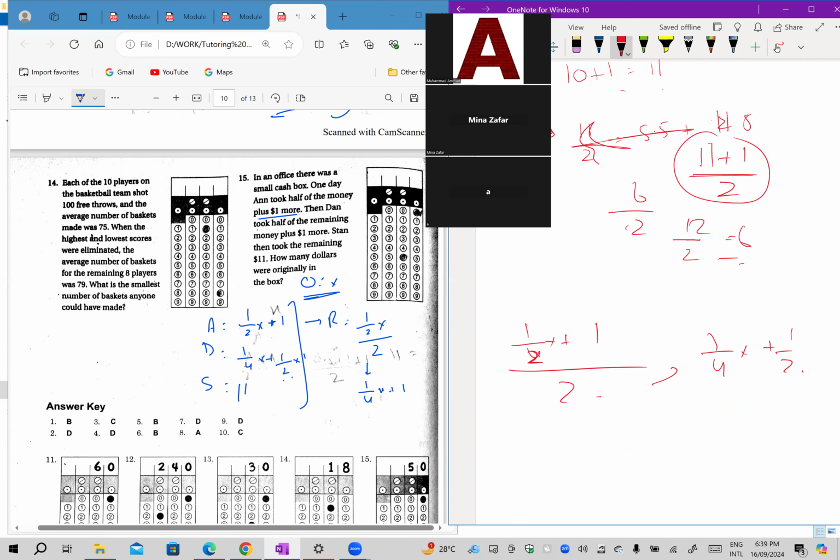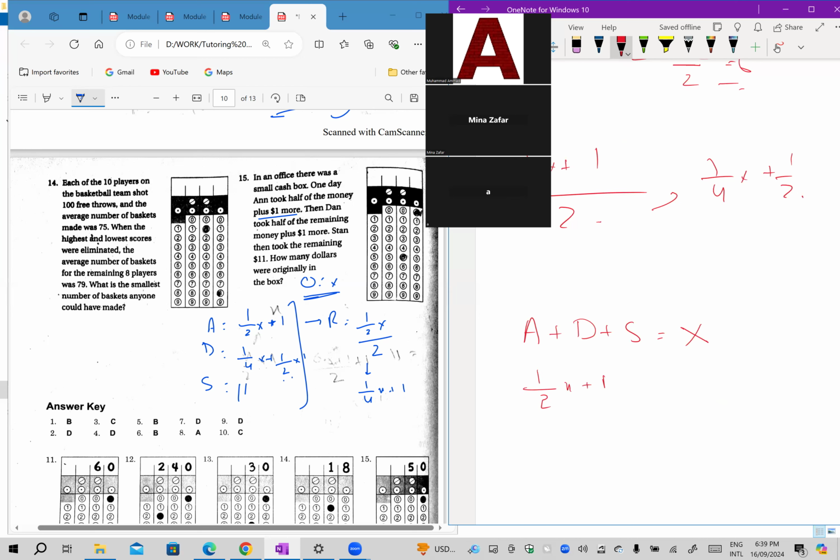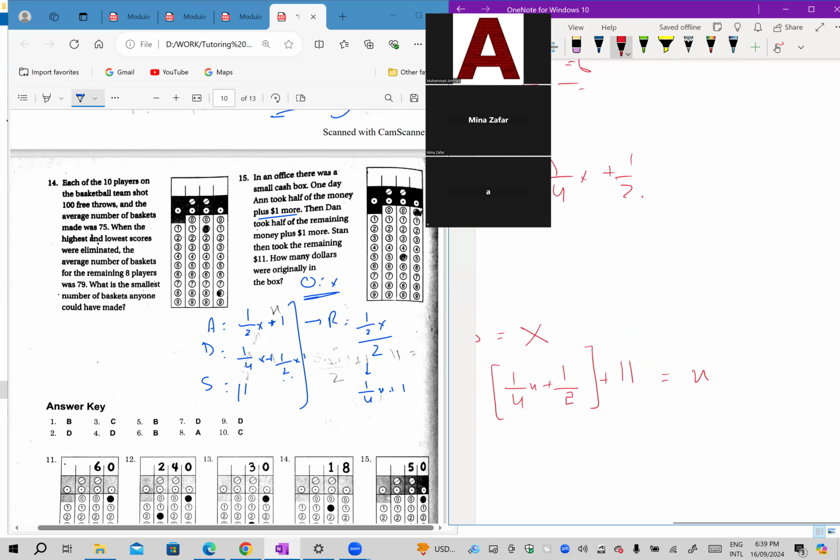Now that you have all of these expressions, we can solve them. Anne's amount plus Dan's amount plus Dan's amount equals total amount, that is x. 1 by 2x plus 1, plus 1 by 4x plus 1 by 2, plus 11 is equal to x.